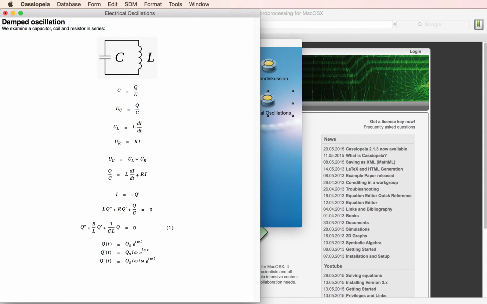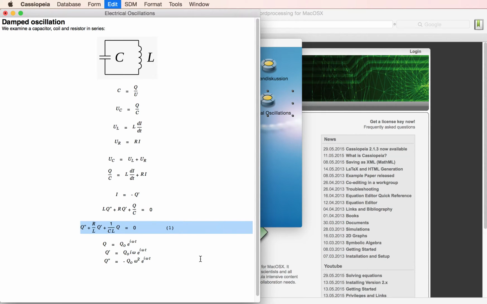Okay, we can help this a bit here. I times I becomes minus, and omega times omega is omega squared. Let's rename these guys like this, so that we can easily substitute them in our equation.